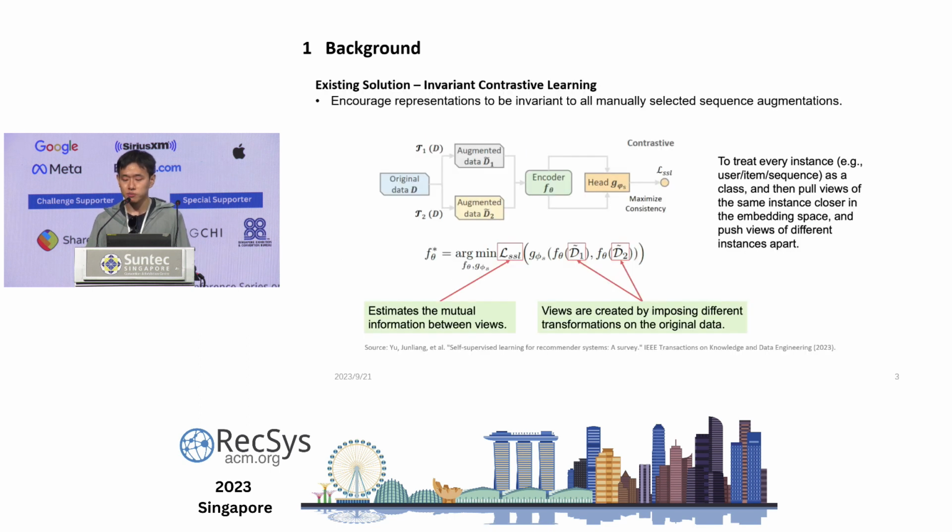One widely used approach is to employ the invariant contrastive learning paradigm. In this context, invariant means the representation acquired from the original instance and the one obtained from its corresponding augmented instance through contrastive learning are highly similar. Essentially, these invariant methods aim to make the sequence encoder insensitive to various data augmentation techniques.